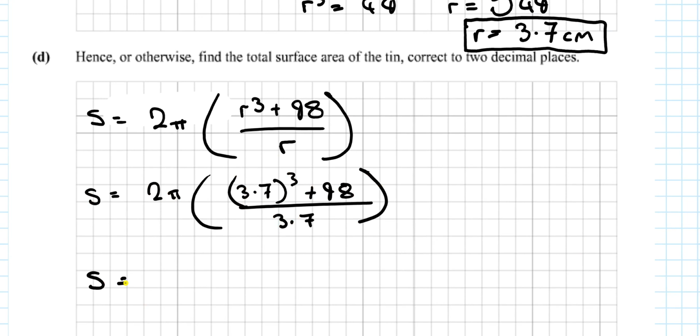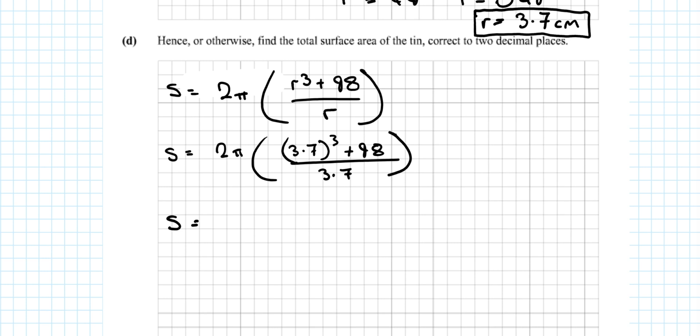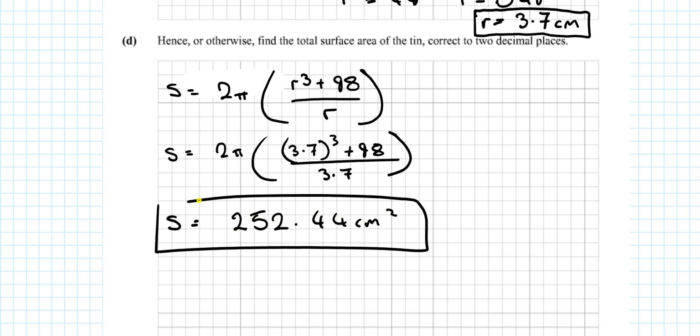We're cubing that out, plus 98 all over 3.7. The answer is 252.44 centimeters squared, correct to 2 decimal places.